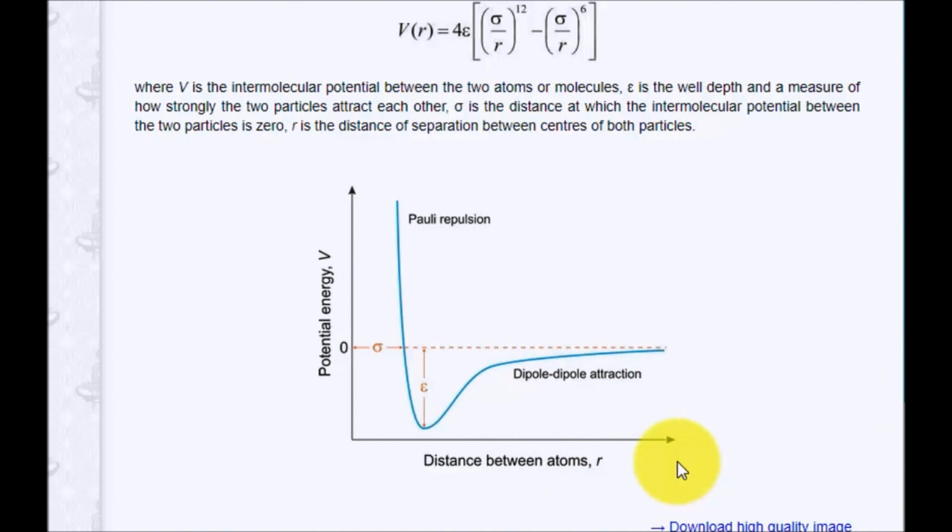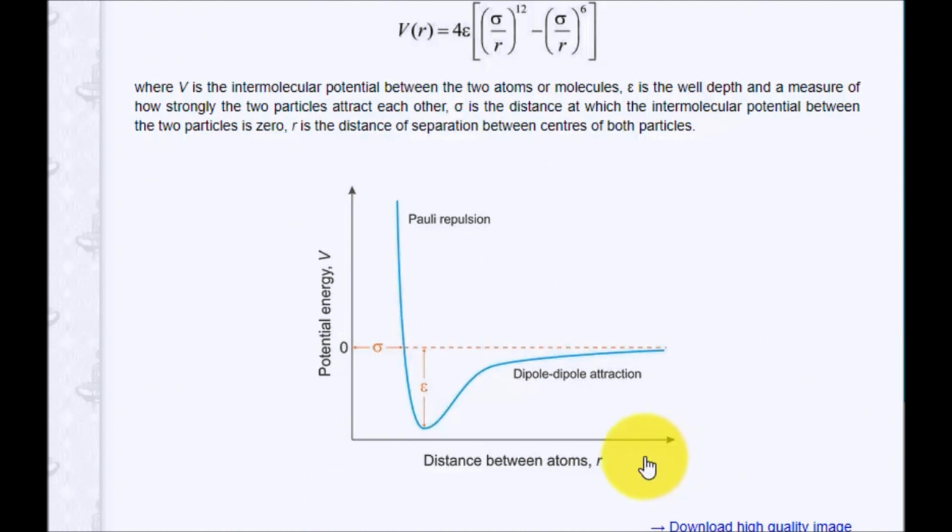So first of all, you have the positively charged nucleus of one atom attracted to the electronic cloud of the second atom, and the positively charged nucleus of the second atom attracted to the first, okay, so there's a lot of attractive interactions.